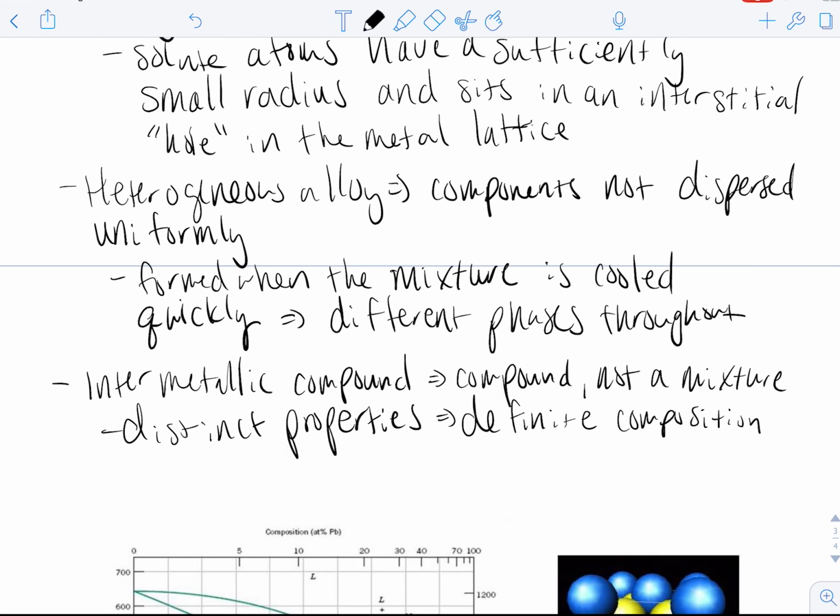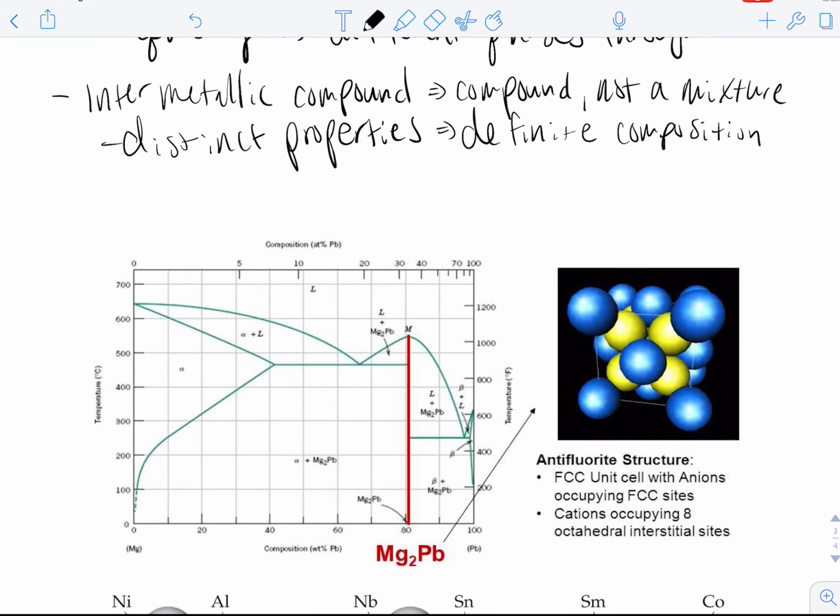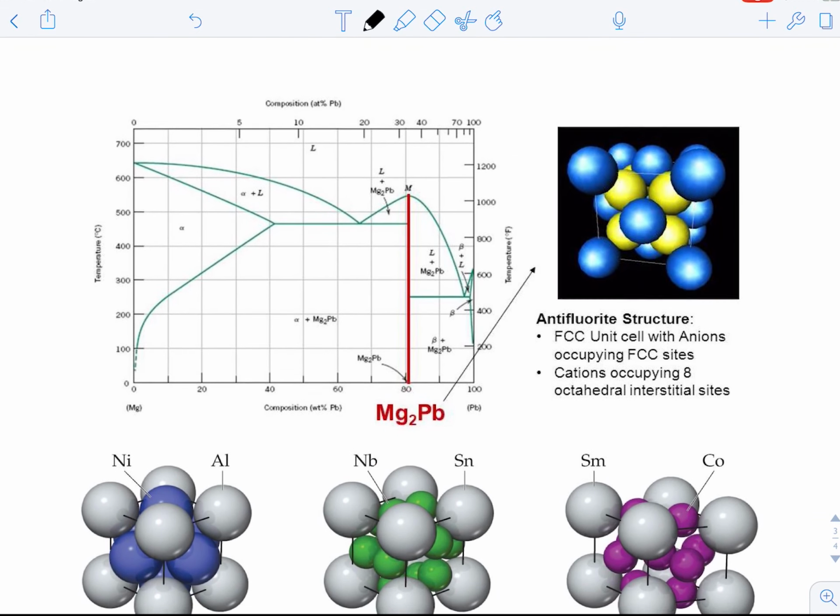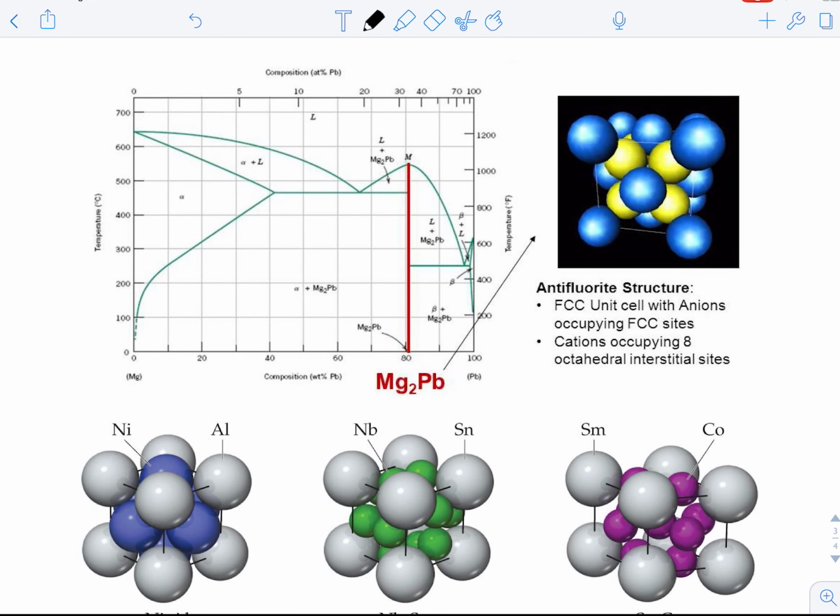Okay, so let's real quick look at this. This right here is a diagram that shows you at what temperatures and mole ratios of substances, this graph right here. So we have different compositions of magnesium and lead in this case, and then different temperatures, and we look at what temperatures you can isolate different intermetallic compounds.